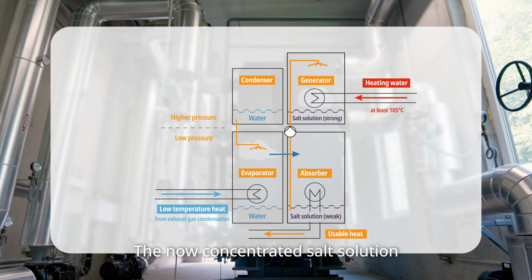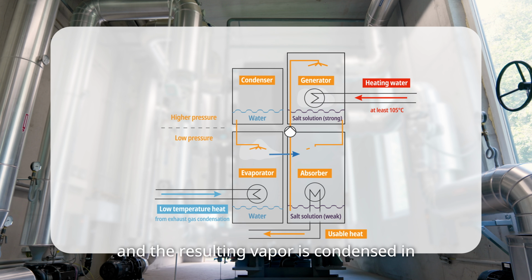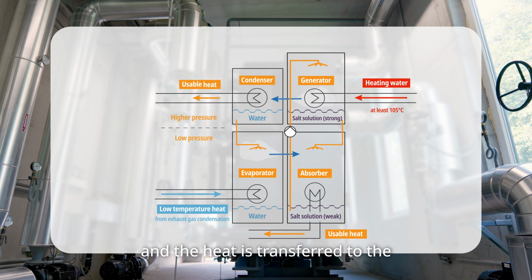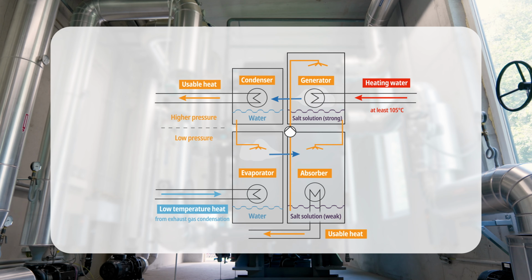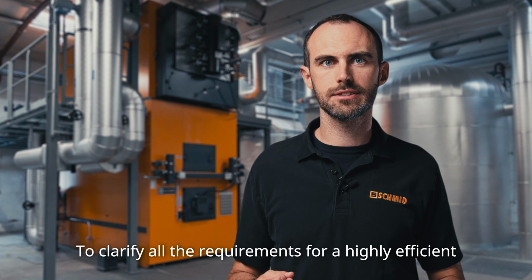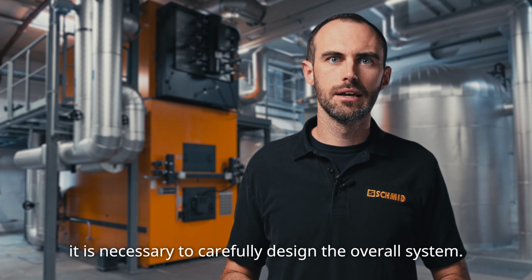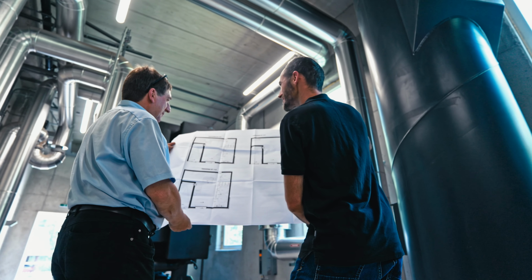The now concentrated salt solution is then fed back into the absorber, and the resulting vapor is condensed in the condenser at a higher pressure level, and the heat is transferred to the district heating network return flow. To clarify all the requirements for a highly efficient heating plant with an absorption heat pump, it is necessary to carefully design the overall system.